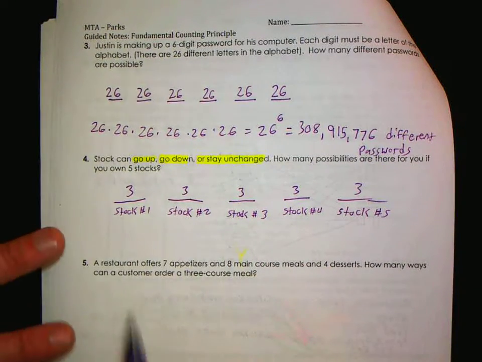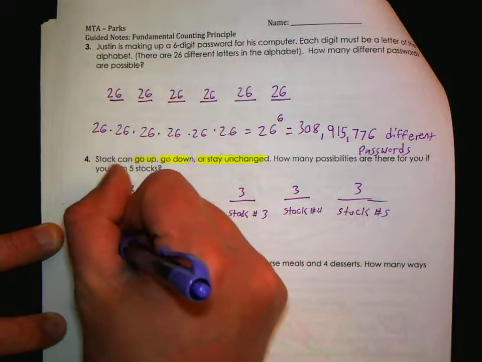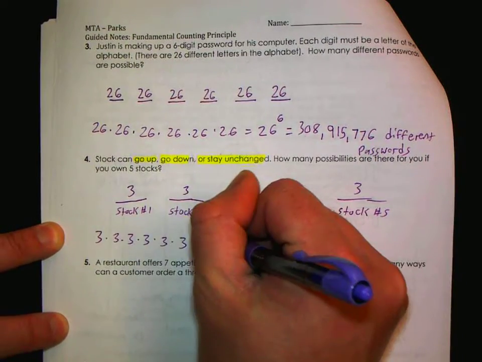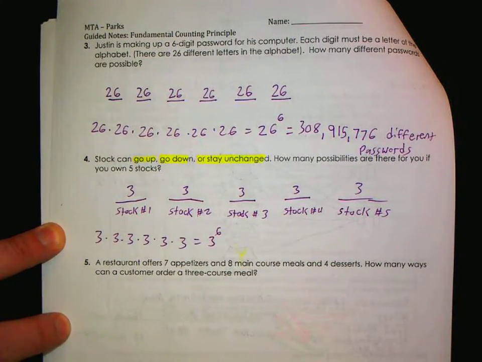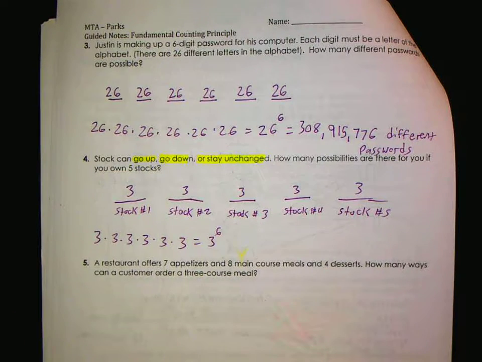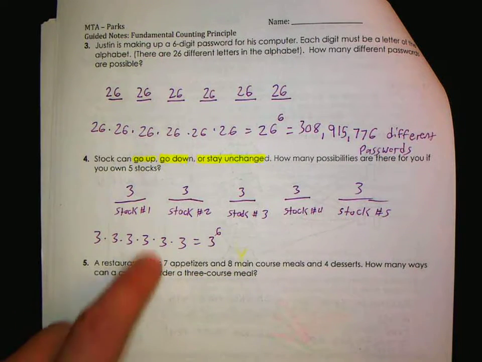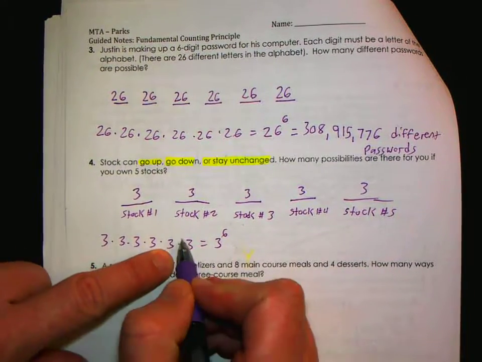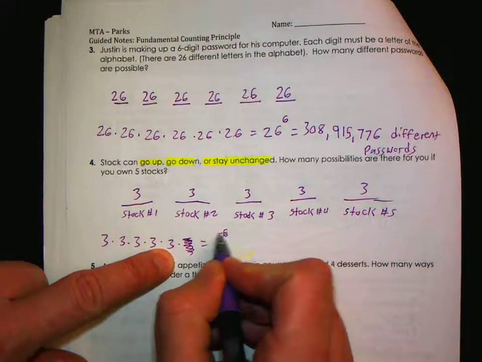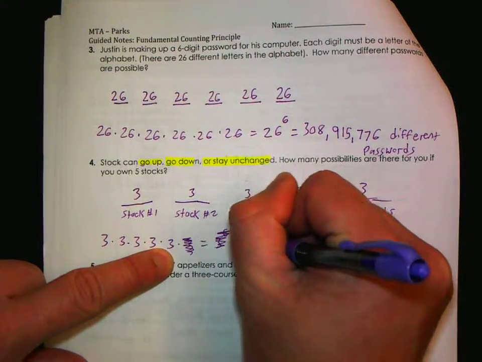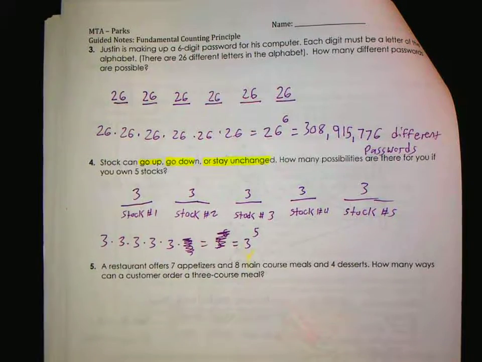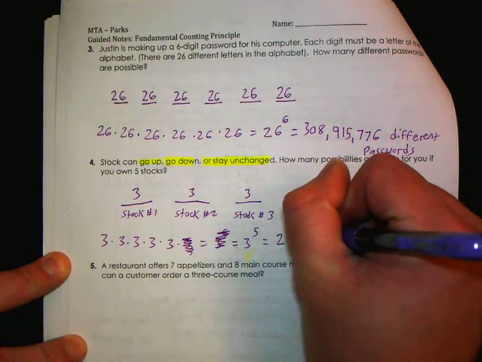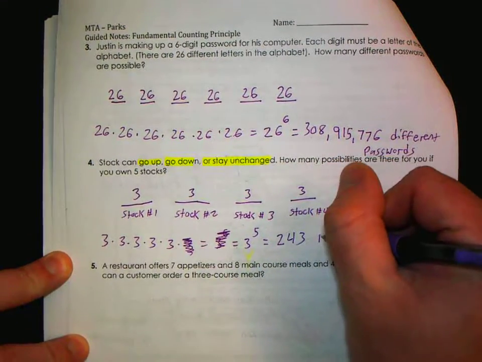So that would be 3 times 3 times 3 times 3 times 3, which is 1, 2, 3, 4, 5. Type that in the calculator and you get 243 possibilities.